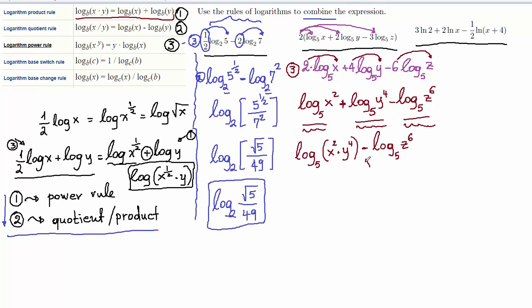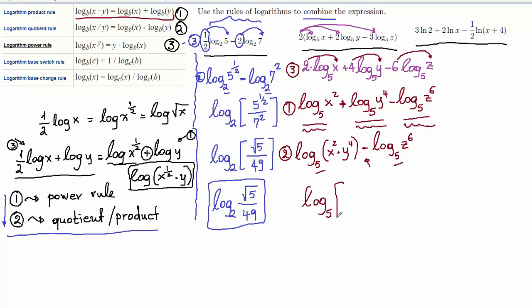Now, since I have a minus right here, I need to apply the quotient rule. So what do I do, and why do I apply it? Well, they have the same base. Since they have the same base, I can combine those logarithms and I can have 5 here.